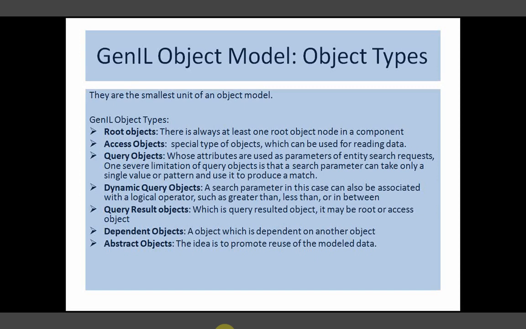Whenever you need some data, you need to traverse through the root object. There is no other entry point. So the entry point to access the data is the root object, and it is also meant for creating, reading and updating the data. So all the CRUD operations you can perform through the root object.